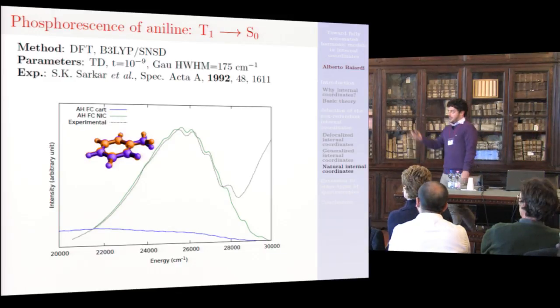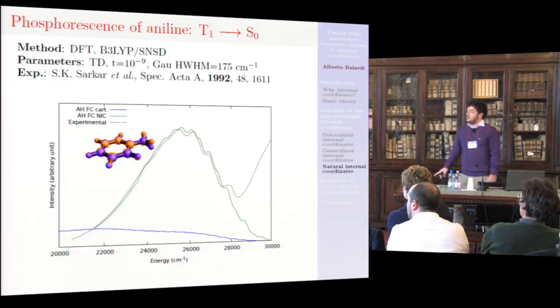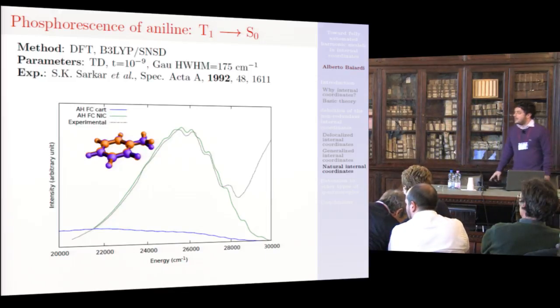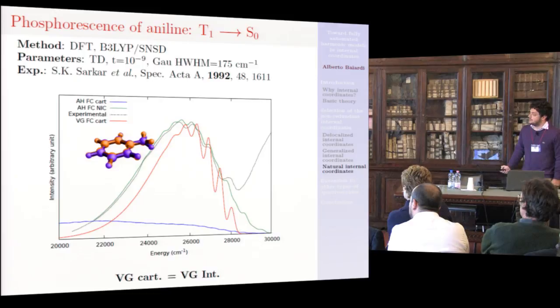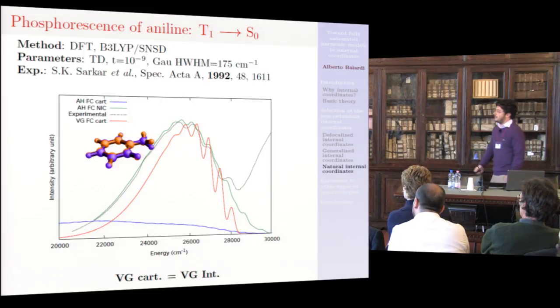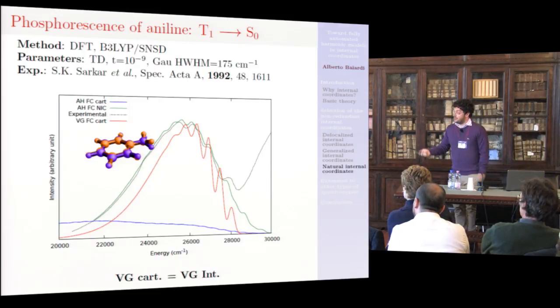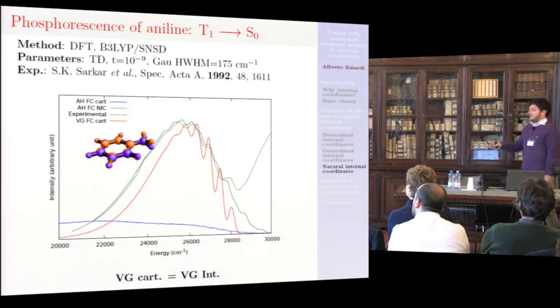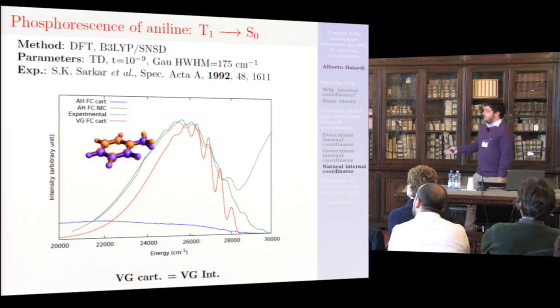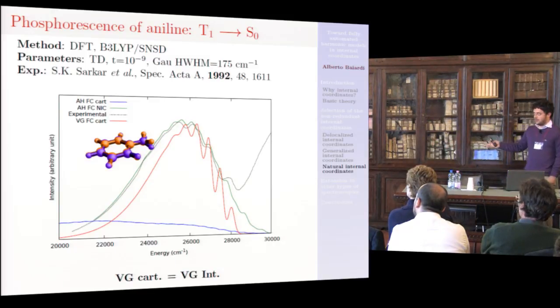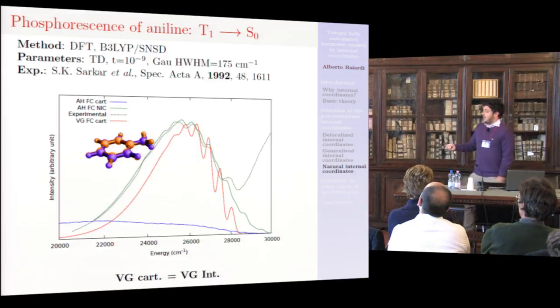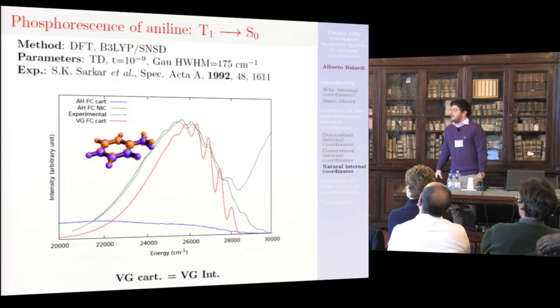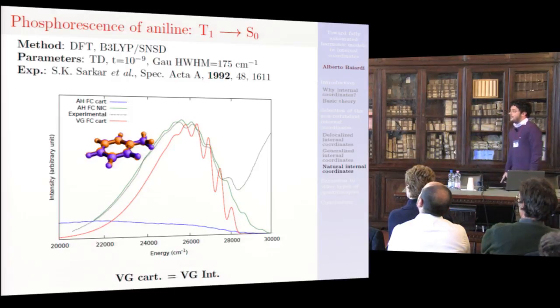But if you switch to the natural internal coordinates, the agreement between experiment and theory is now remarkable. And I want to stress that we have also calculated the spectrum at the vertical level by using Cartesian coordinates, because it has been shown that vertical models in Cartesian coordinates are usually in agreement with adiabatic models in internal coordinates. And in this case, the result of the vertical gradient model is better than the adiabatic Hessian one.